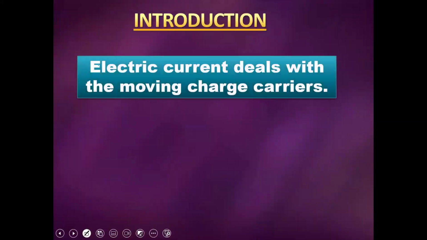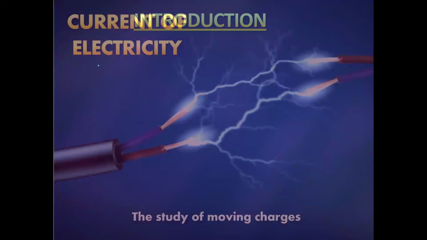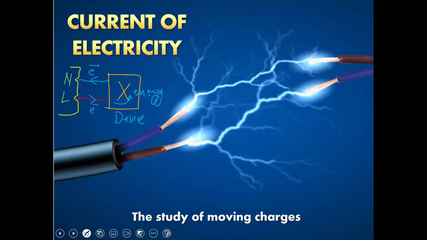So we put the introduction. Give the heading Current Electricity, with a one-liner: study of moving charges. Put the date of today and put the heading Current Electricity as our first chapter.